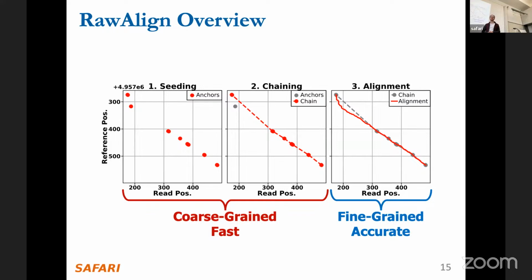Depending on the exact recipe you follow for preparing whatever you put into the sequencer, you, for example, break up the long DNA molecule into shorter pieces. Not so short as short reads, but perhaps 10,000 bases. Or you try to have a protocol that keeps them in very long pieces. Whatever you do, at the end of the day, you just have a volume of sample in there, and the sequencing machine just randomly pulls one every now and then.